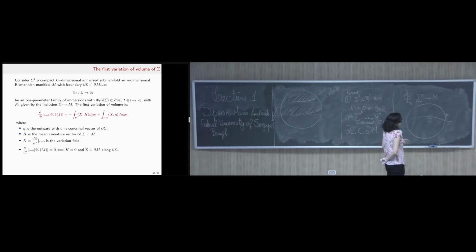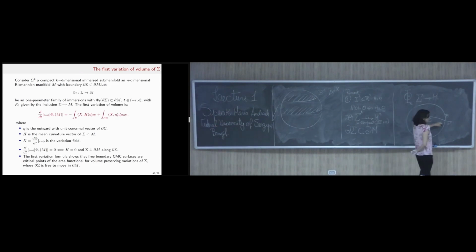So in this case here, you can show an analogous result: the first variation formula shows for us that you have a critical point in the case of free boundary minimal surface if you have this expression here. Let me see here. This expression is 0, and the other expression here is 0 if and only if, of course, you have a free boundary submanifold. Let me see in the same way that you have here in the black ball, okay?